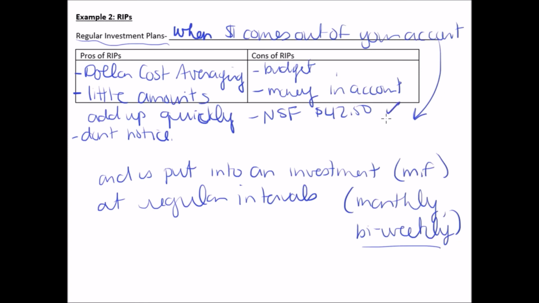So that's huge if you're only trying to invest maybe $50. Okay, and you can stop this at any time, so I guess that's a pro too. I personally like RIPs, regular investment plans. So I would encourage everybody when they start to work to have one of these.